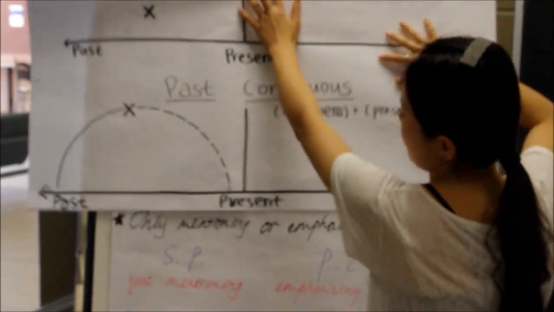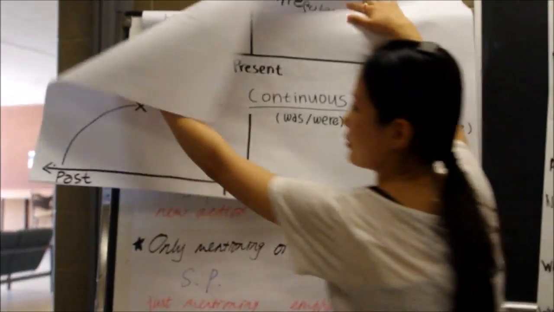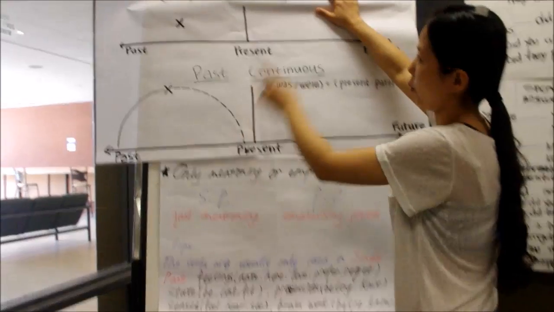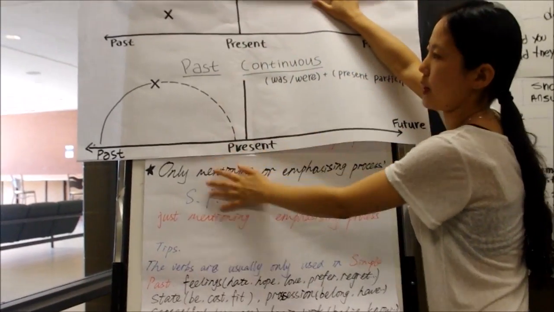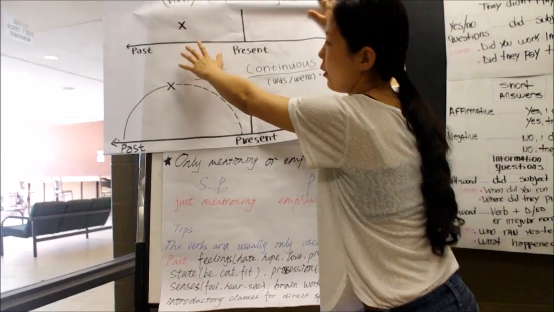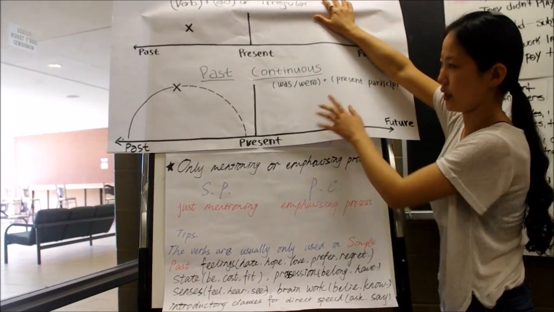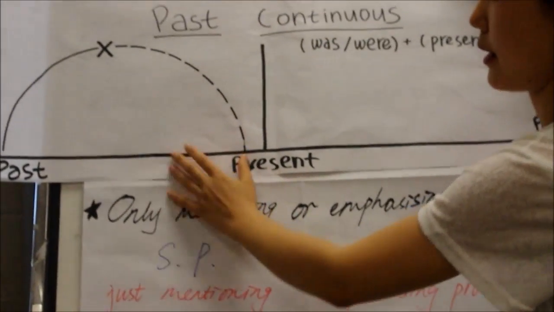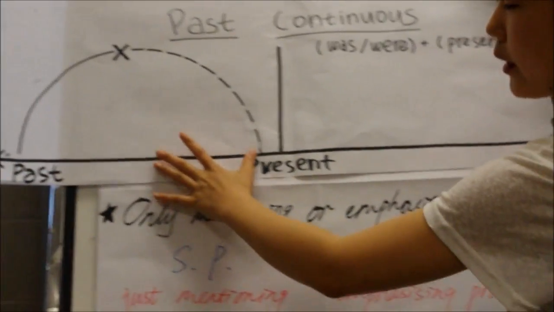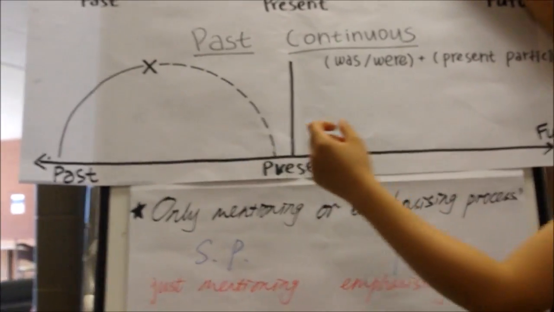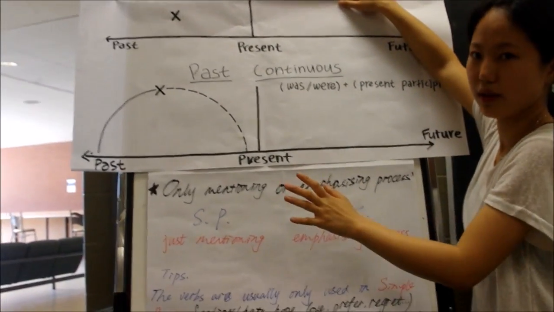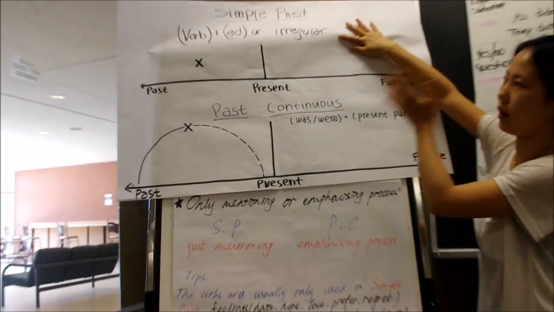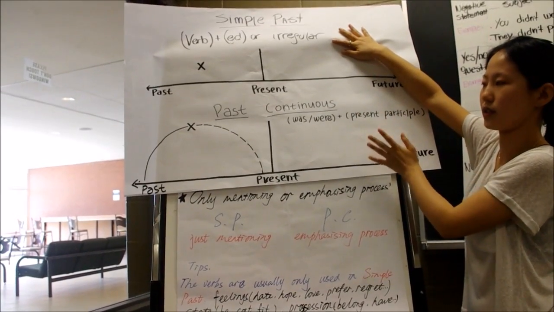Like I just mentioned, the third part here, mentioning. We just use the simple past to mention something that happened before right now. But for the past continuous, the action happened in the past, but it will keep going for a little while, not just an action that happened in the past. So that's the difference between the simple past and the past continuous.